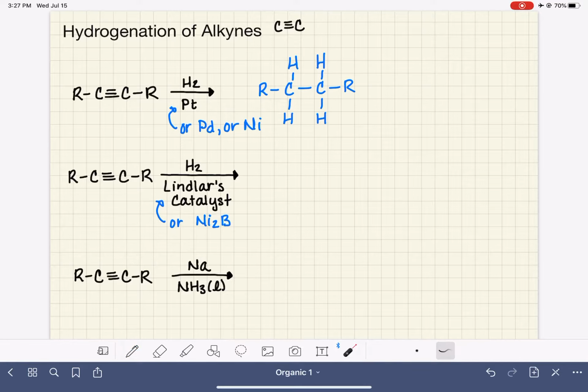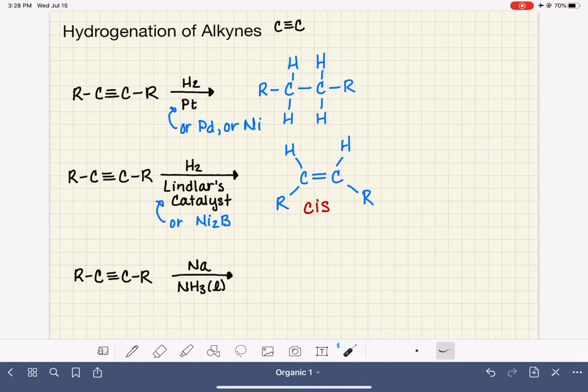Now, in this particular case, we are in fact only adding 1 H2 molecule to the triple bond, which means that we will be reducing the triple bond only to a carbon-carbon double bond, putting 2 hydrogens from the H2 molecule and the R groups or whatever was already attached to the alkene. And this particular reaction always produces the cis isomer of the alkene. So the hydrogens that are added will always end up on the same side of the double bond, or cis to each other in the molecule.